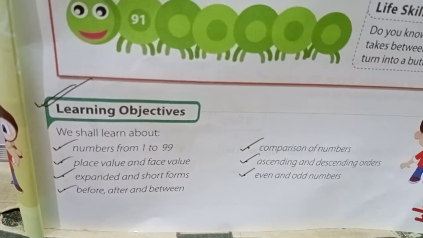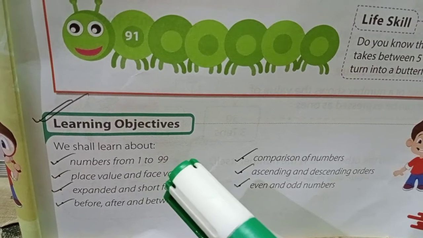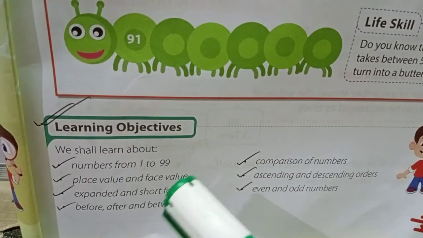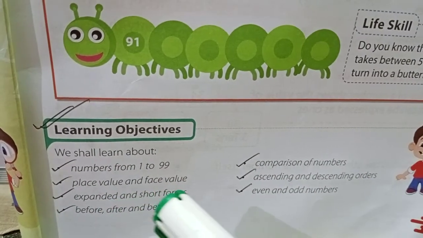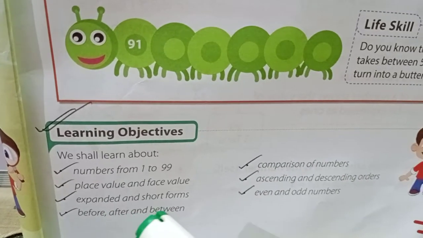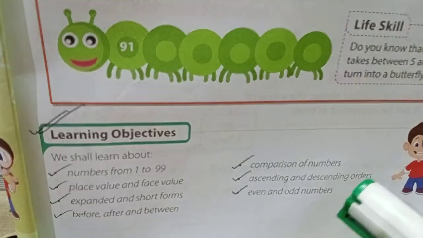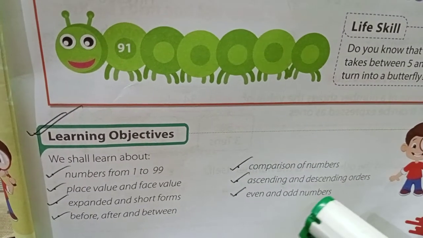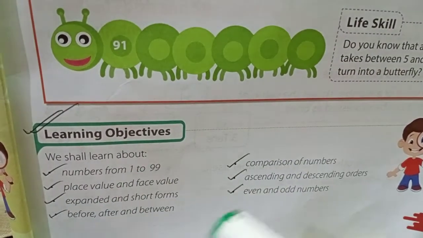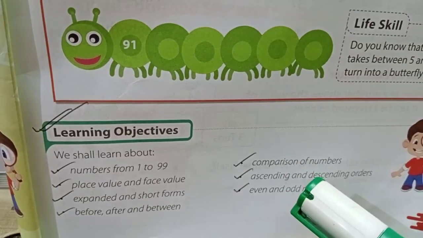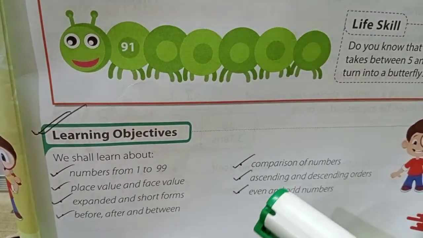This is numbers from 1 to 99, place value and face value, expanded and short form, before, after, between, comparison of numbers, ascending and descending orders, even and odd numbers. These are a few things, children, which you already know, just to evaluate how much you know.